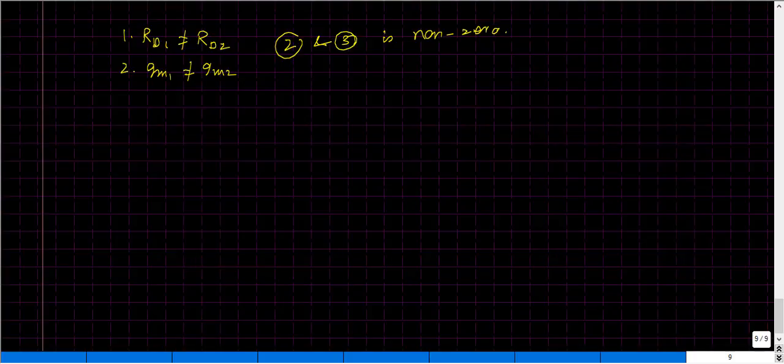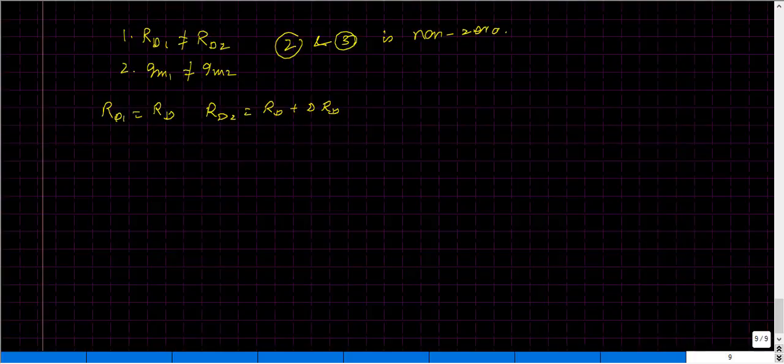First, let us assume that the drain resistances are different by assuming these values. That is, RD1 is equal to RD and RD2 is equal to RD with a mismatch whose value is del RD. Under such a situation, the circuit becomes asymmetric.